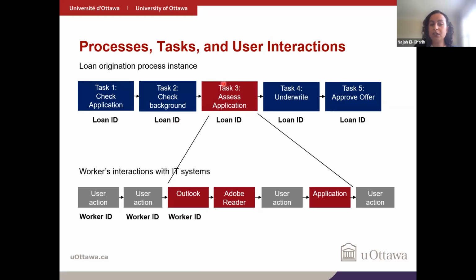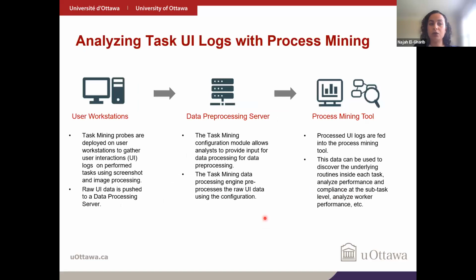If I take one particular task and dig deeper into exactly what was done within assessing an application, for example, the worker opened Outlook, Adobe, and then did some work, and then came back to the application, and so on. This is what we look at at a deeper level, which is more of a task level versus an event level. This is a lower level of granularity, which brings me to talk a bit more about task mining and user interaction: analyzing task UI logs, or user interaction logs, with process mining techniques.